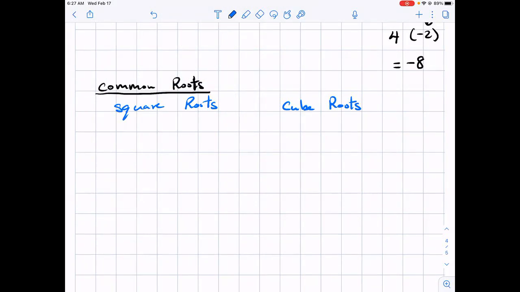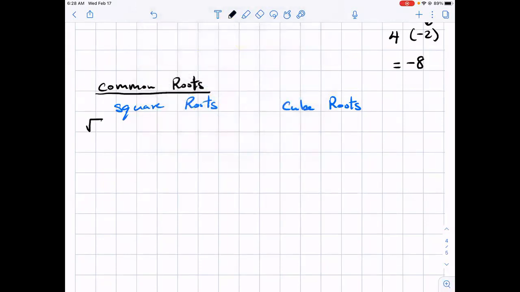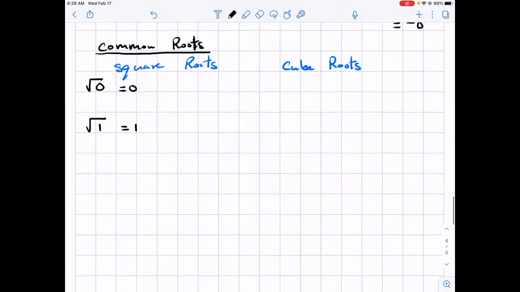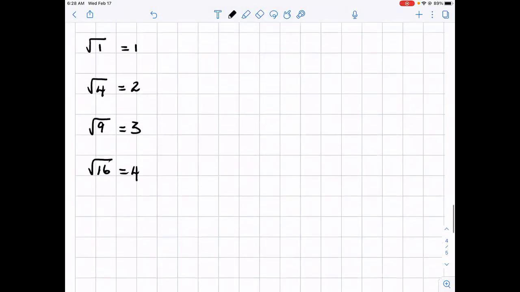Okay. So for square roots, the square root of 0 is equal to 0. The square root of 1 is equal to 1. The square root of 4 is equal to 2. The square root of 9 is equal to 3. The square root of 16 is equal to 4.